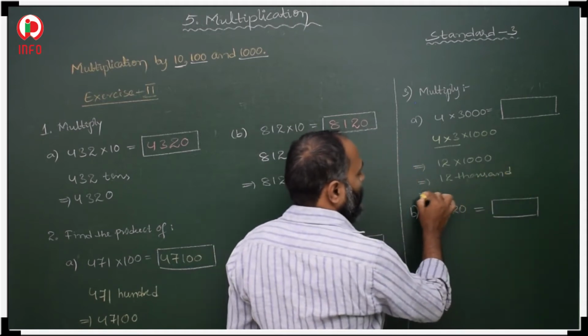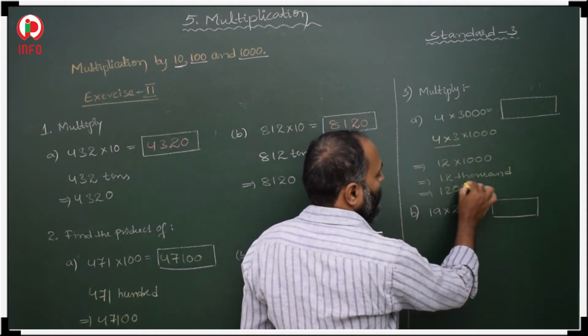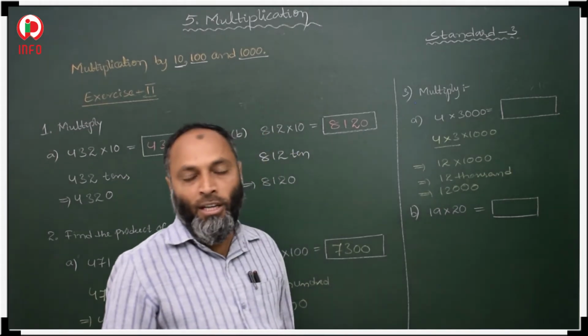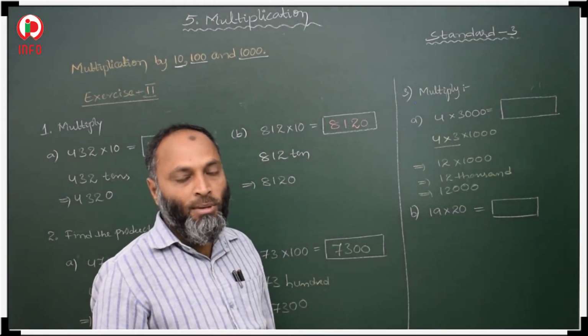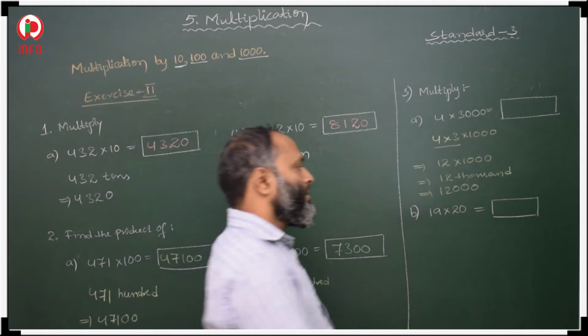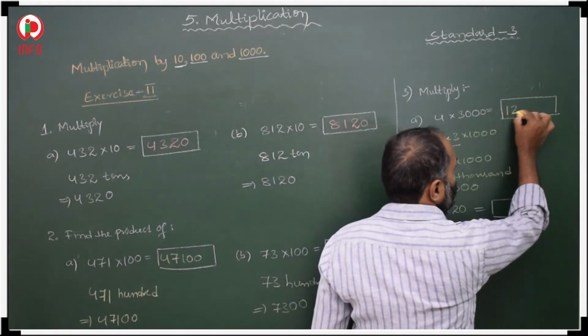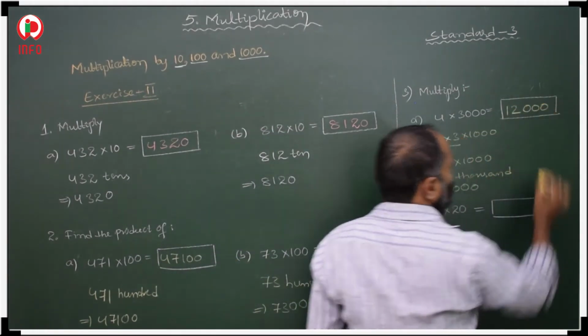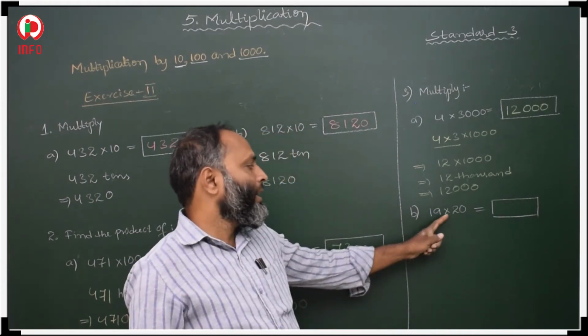In 1000 we have to take 3 zeros in ones place, tens place, and hundreds place. So what is our answer? 12,000.